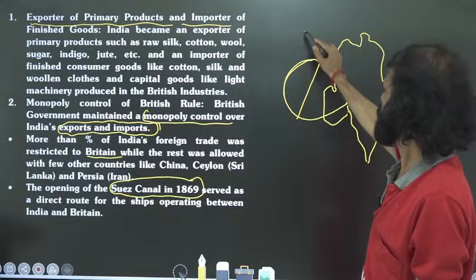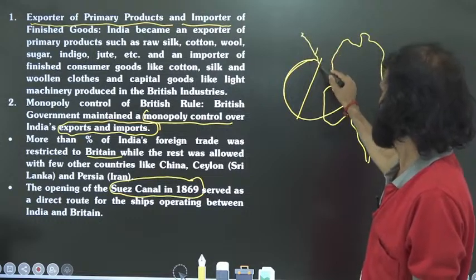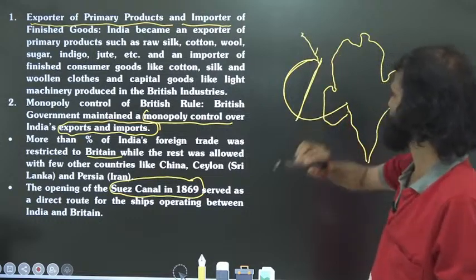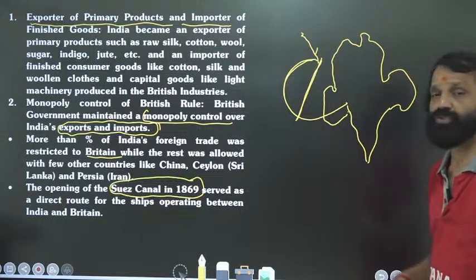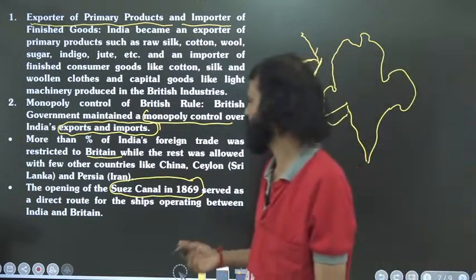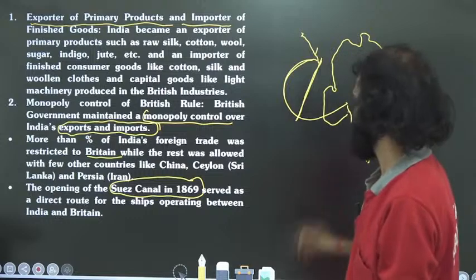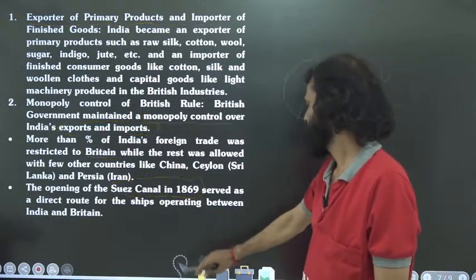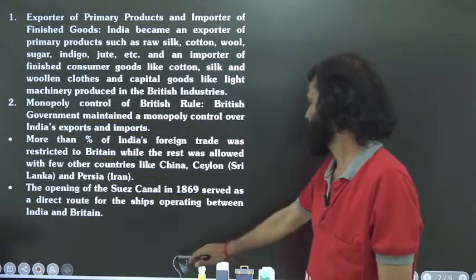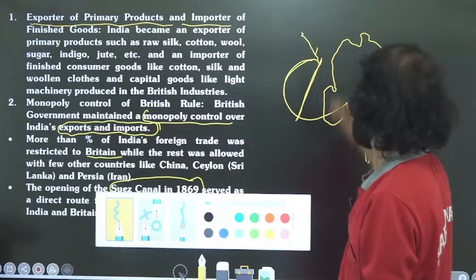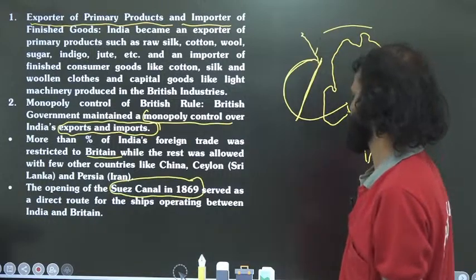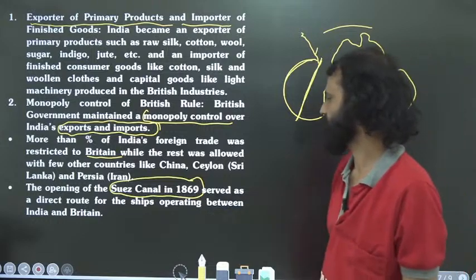After that, coming from here, they saved time, and they also saved more money. They could easily reach India. So you understood, okay.